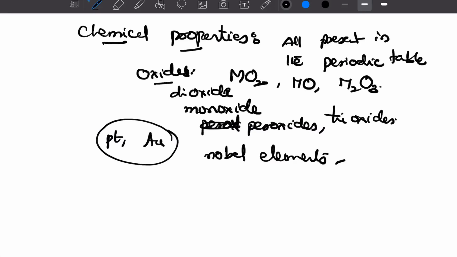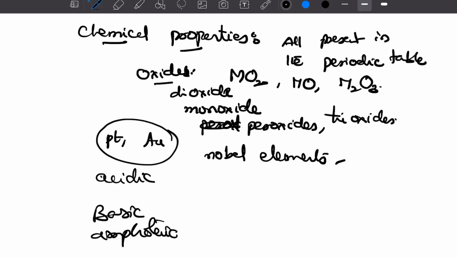So that is about the chemical properties of oxygen. Here we will discuss the oxides. There are types of oxides: acidic oxides, basic oxides, amphoteric oxides, and neutral oxides. So we can discuss four types.